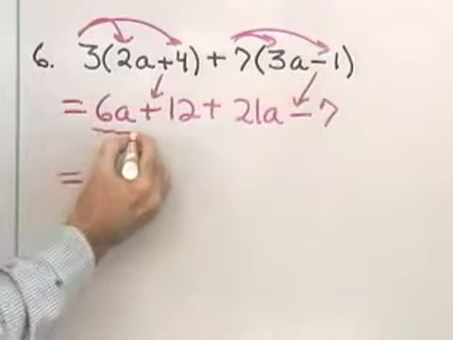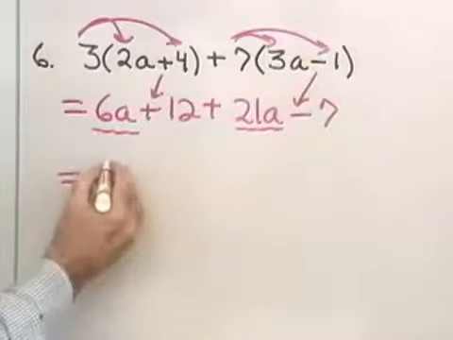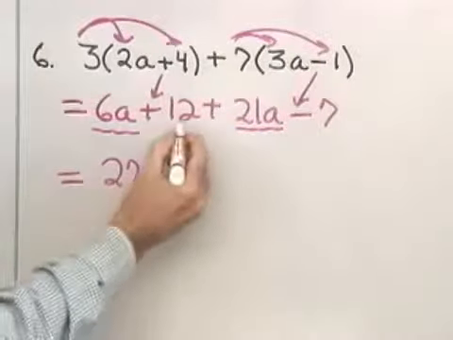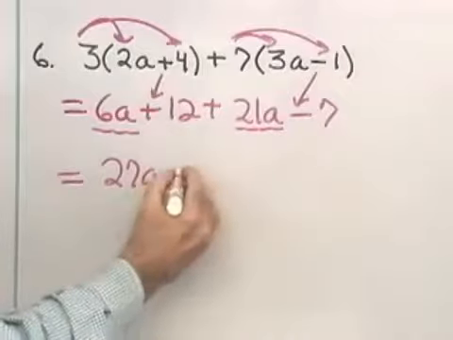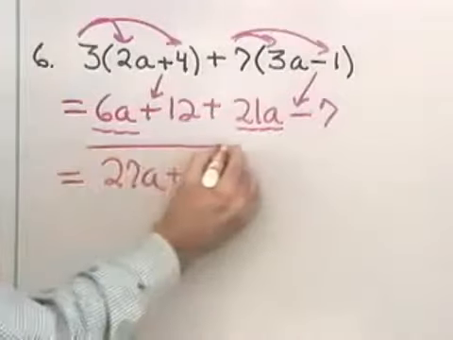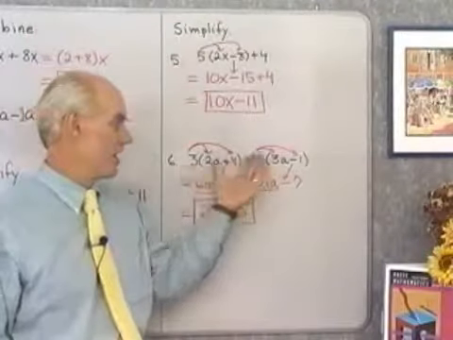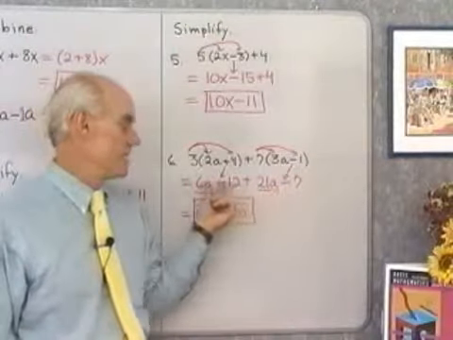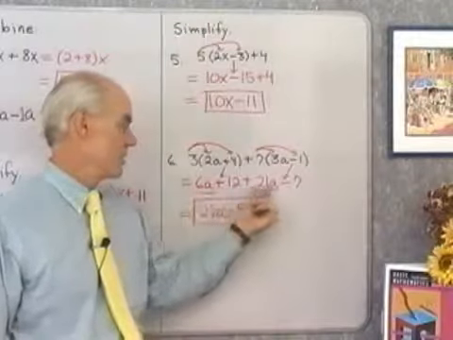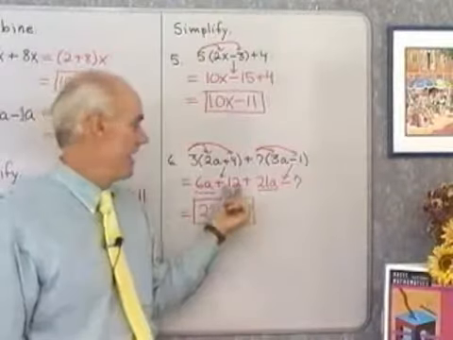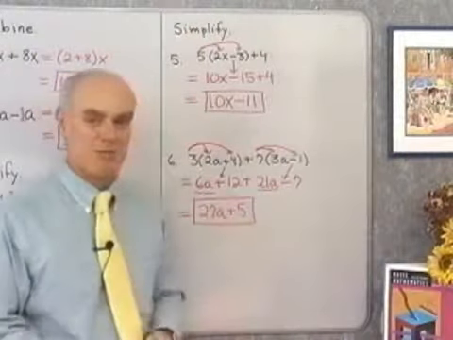Now, I'm going to add similar terms. 6a plus 21a will be 27a, and then 12 plus negative 7 will be 5. So I end up with 27a plus 5 when I simplify this expression. I apply the distributive property first, then I simply add similar terms. 6a plus 21a is 27a, and 12 plus negative 7 is positive 5.